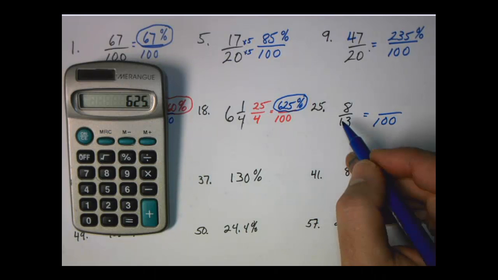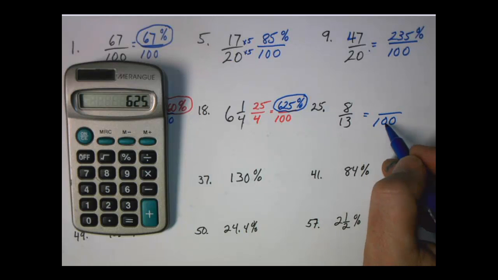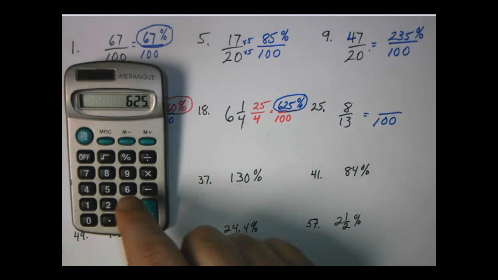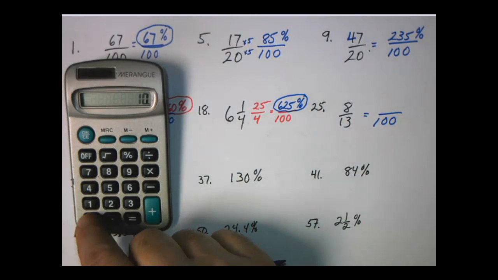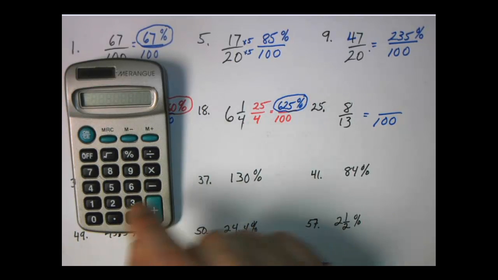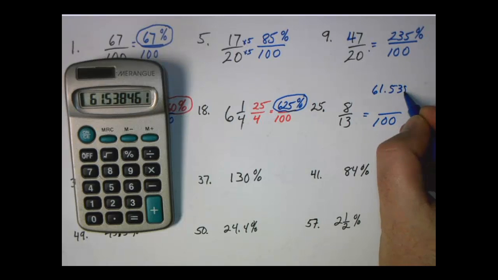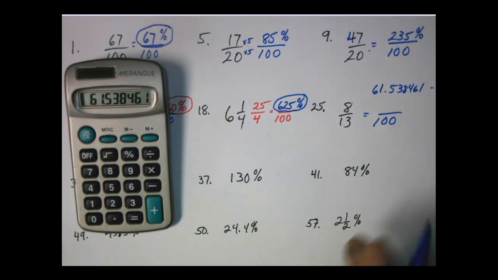So when we get down to problem number 25, they're going to tell us it's okay to round to the nearest tenth of a percent in our answer. So since 13 doesn't go into 100 very easily, let's just cross multiply and divide. So we have 8 times 100 equals 800 divided by 13 equals, I'm going to write it up here, 61.538461, and so on.